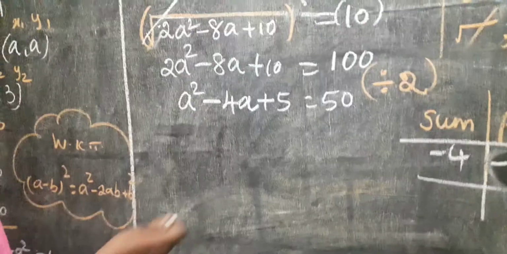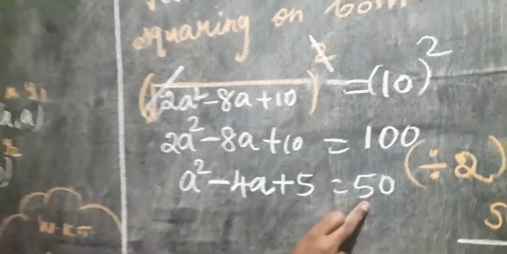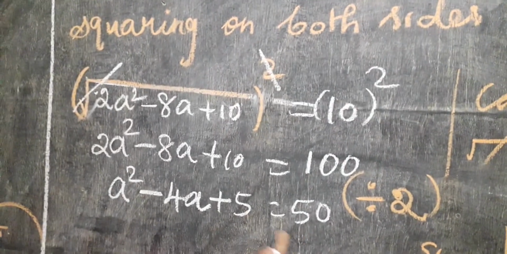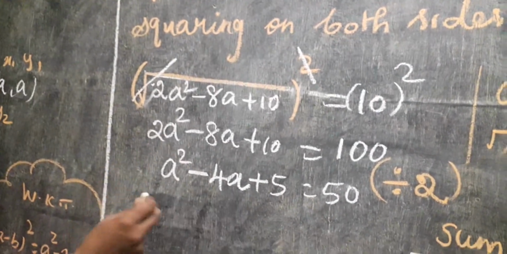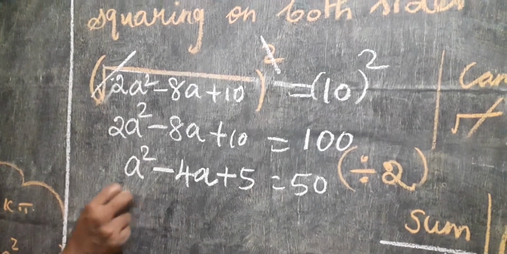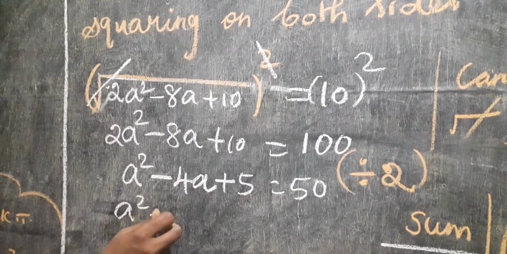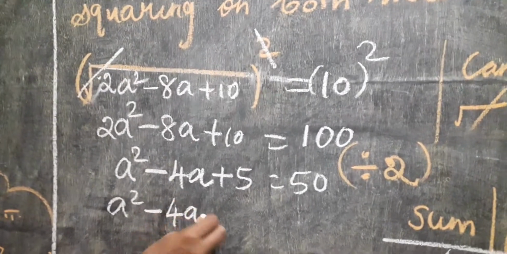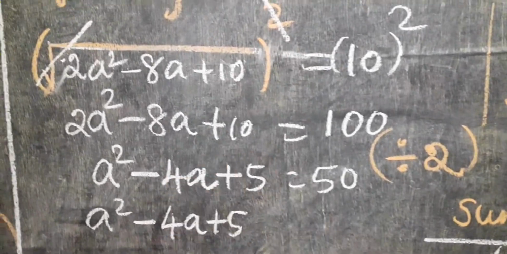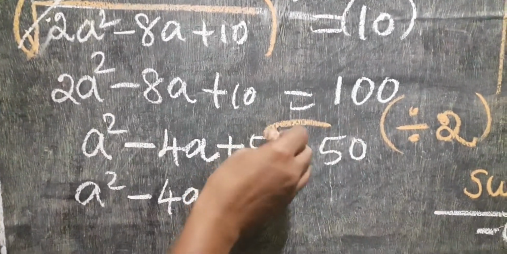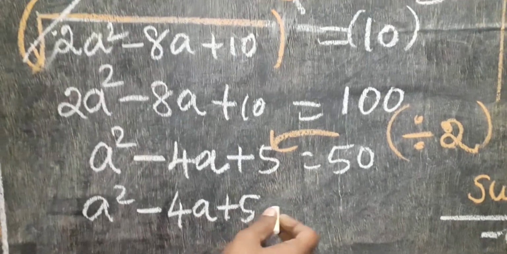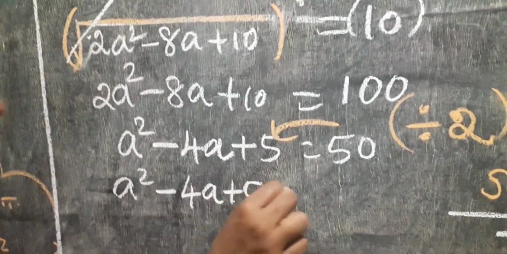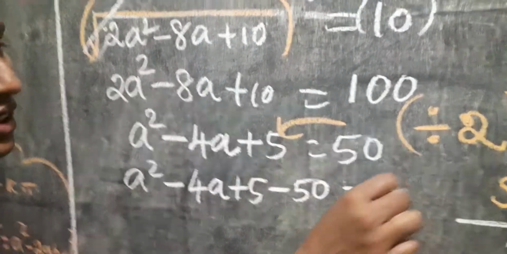Next, the positive number 50 moves to the left hand side and becomes negative, −50. So you change it into a² − 4a + 5 − 50 = 0.